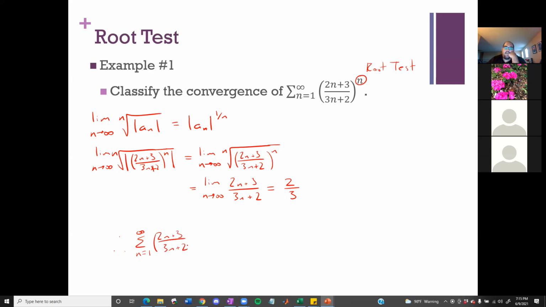Just to be really clear about that, that's because 2/3 is less than 1. So this series right here converges absolutely. All right, any questions there?